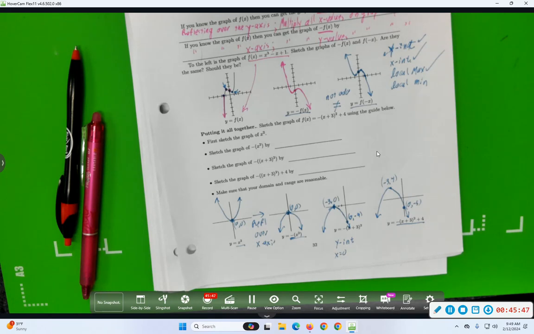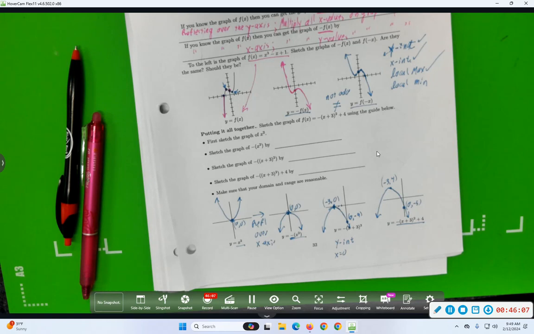So far, so good. The last thing left is the reflection over the x-axis, right? Is that the same as the graph that we saw was correct?